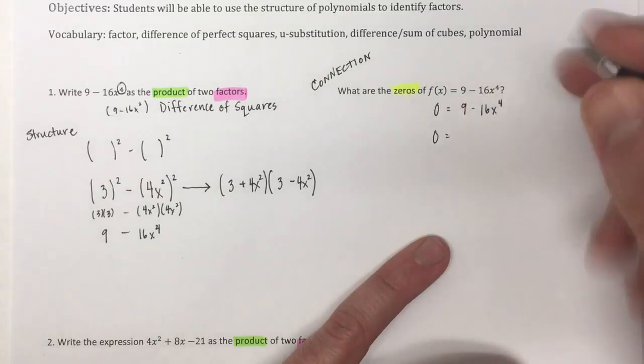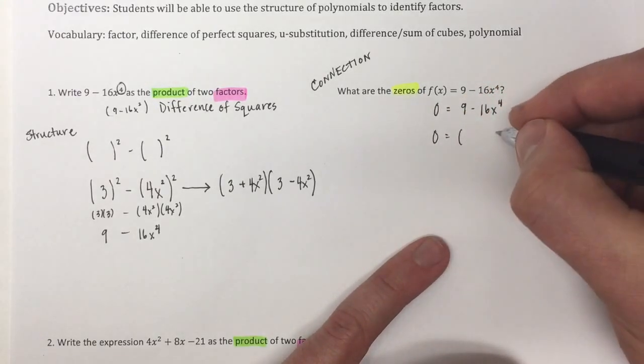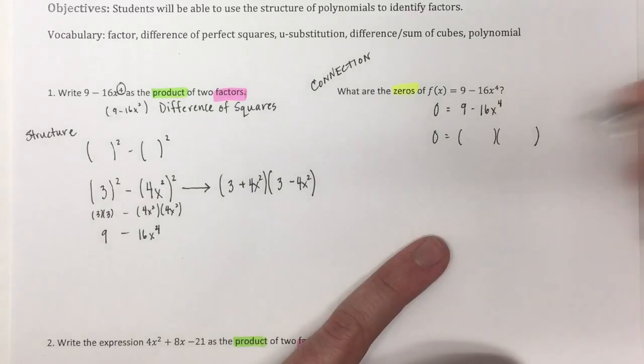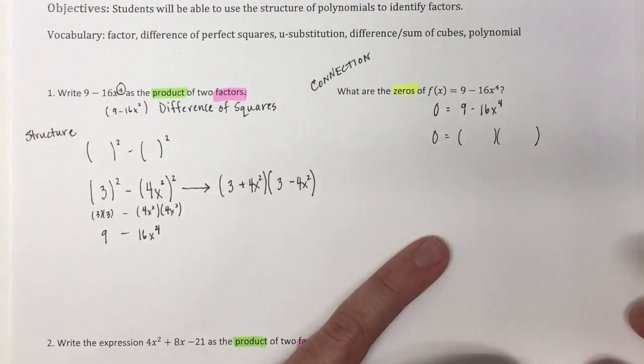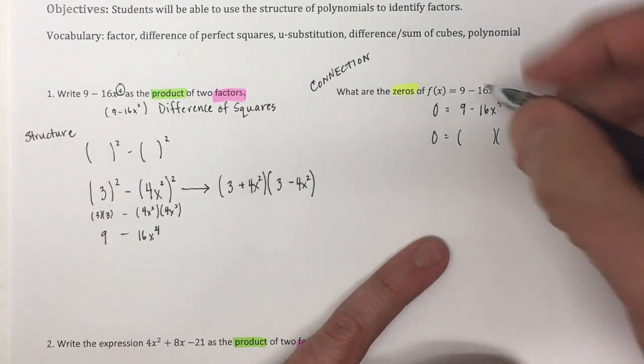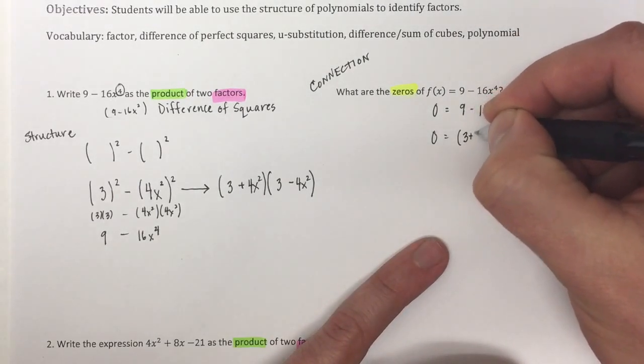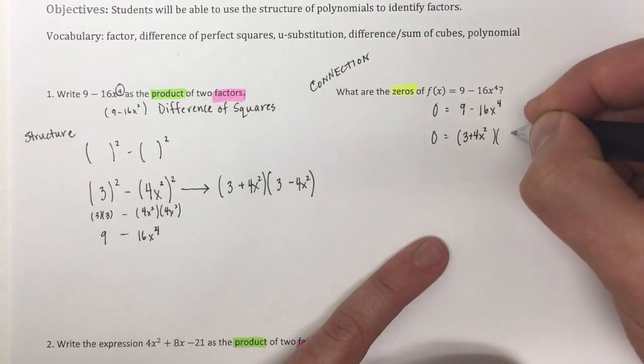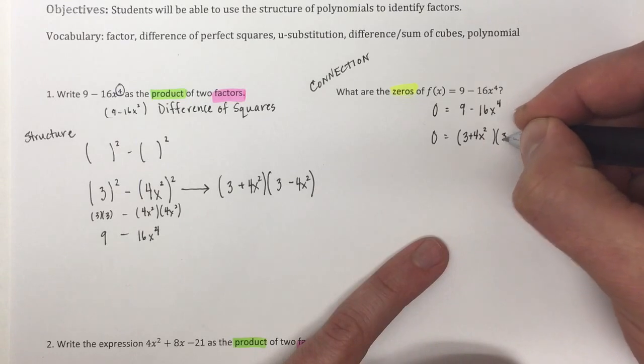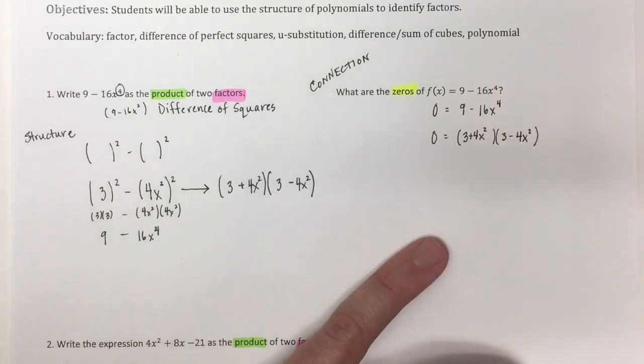And then I can factor this, and the whole reason why we want to be able to factor is I know if I have a multiplication problem set equal to 0 that one of the factors or the other is equal to 0. So now I have 3 plus 4x squared, and I have 3 minus 4x squared.